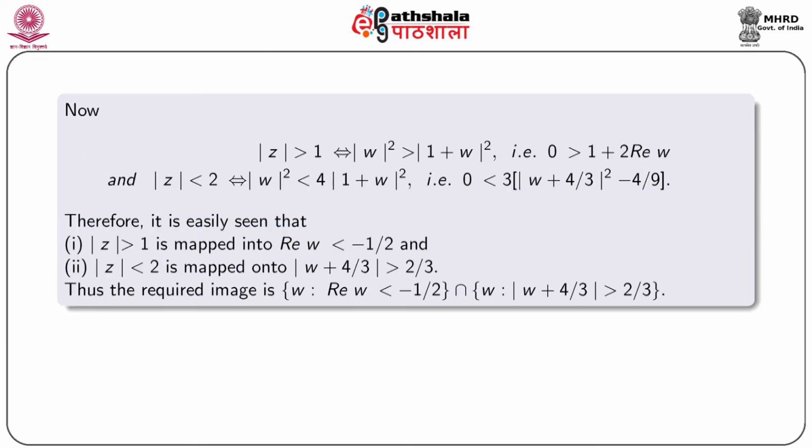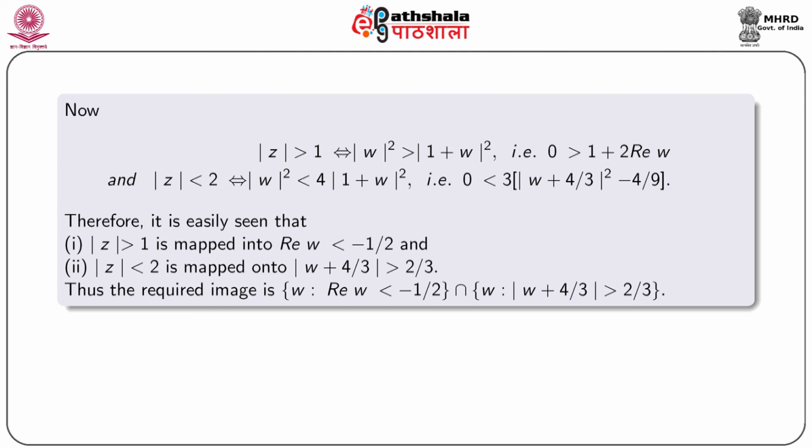Now, |z|>1 if and only if |W|²>|1+W|², that is 0>1+2Re(W), and |z|<2 if and only if |W|²<4|1+W|², that is 0<3|W+4/3|²−4/9.